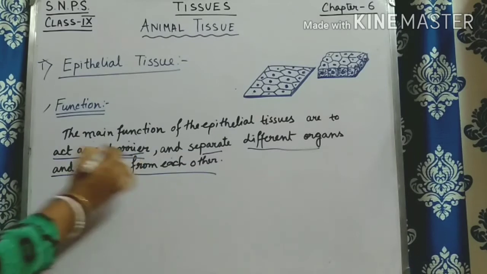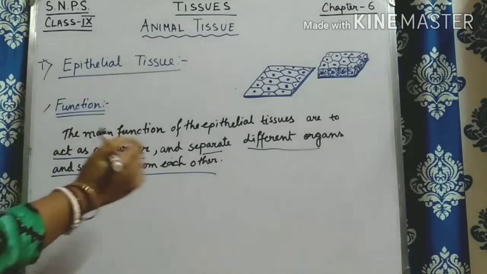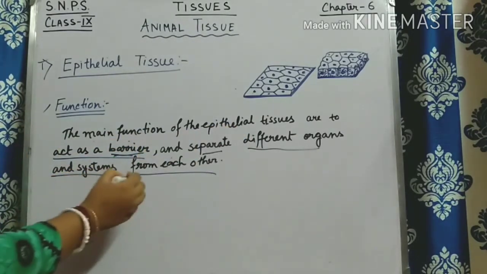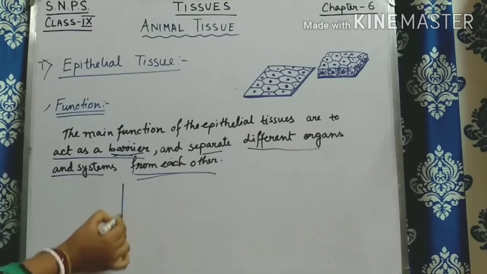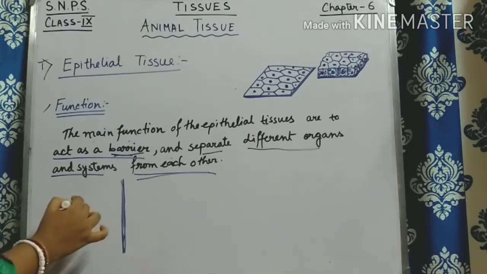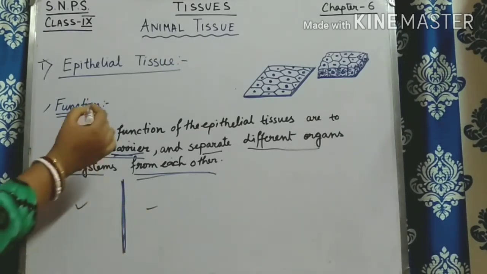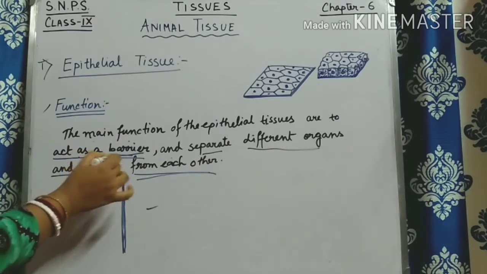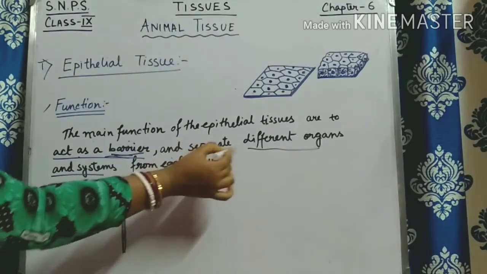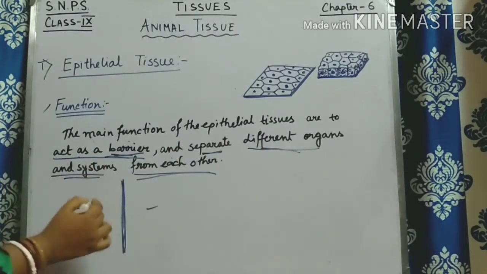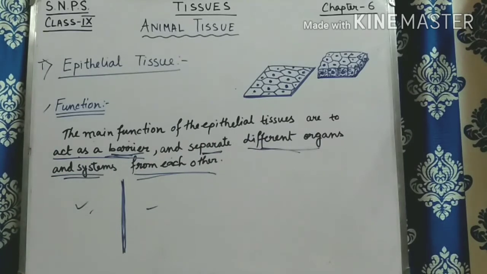If the epithelial tissue acts like a barrier, this portion and this portion will be separated from each other. Like that, as the epithelial tissue is a barrier, they separate different organs and systems from each other. So, this was the function of epithelial tissue.